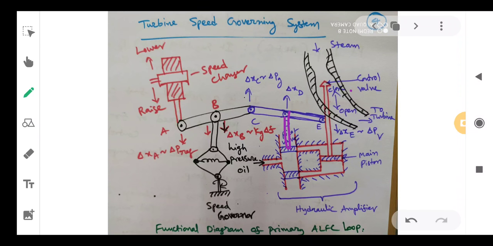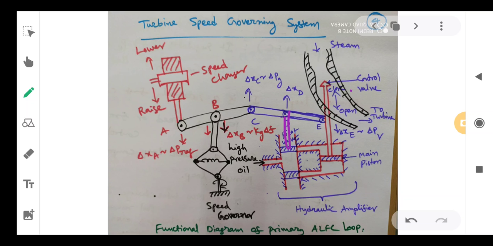Okay, so the very first one is the speed changer. When you give the rise command, delta XA comes down.